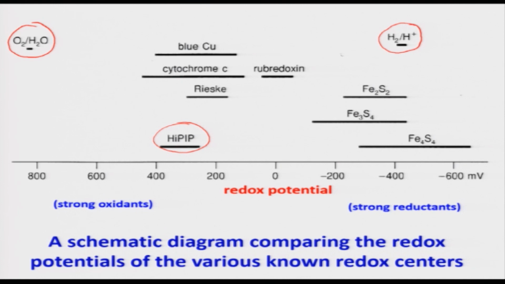So, as you can see, these redox centers are either copper or iron, and no other metal ions are chosen for this kind of activity.